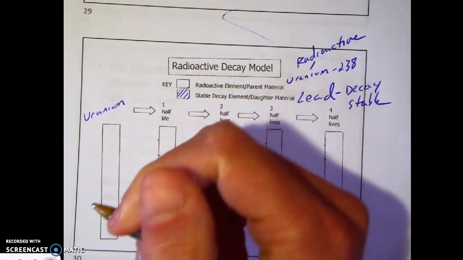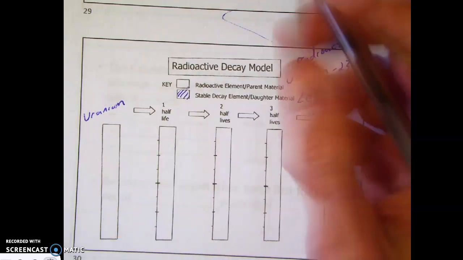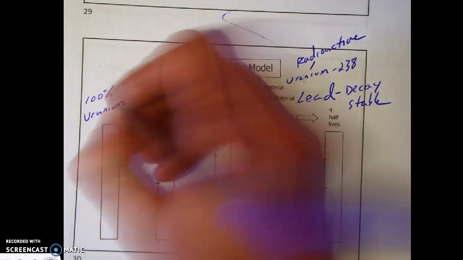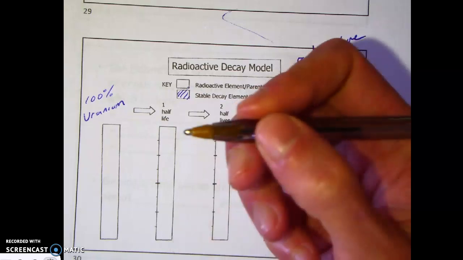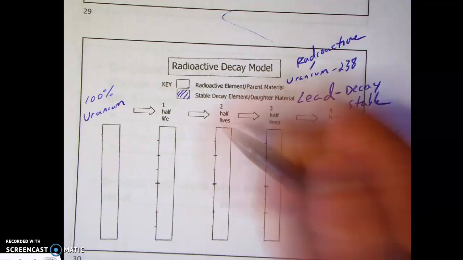And I think that sometimes it's nice to work in percentages or fractions even. But if it's, say, 100% uranium, it's pure uranium, it's 100% radioactive, well, it's completely unstable.